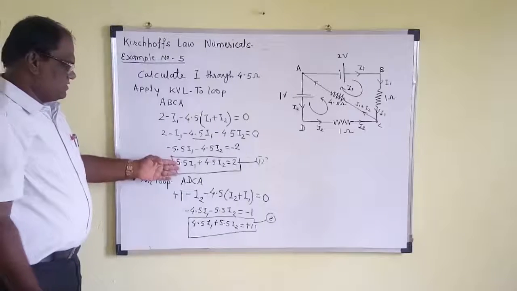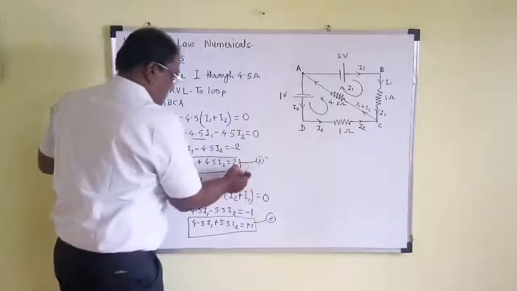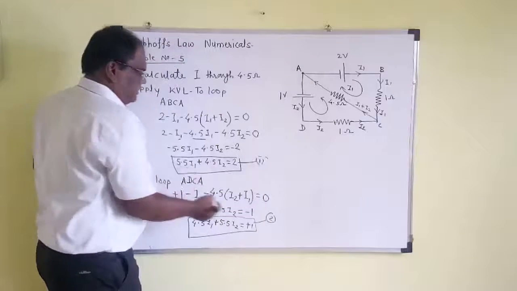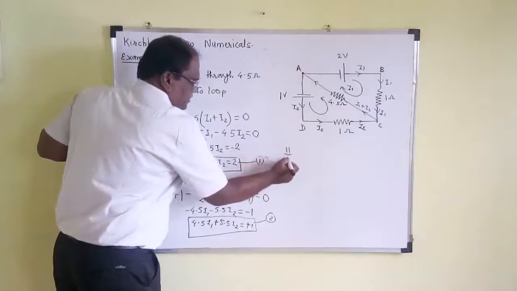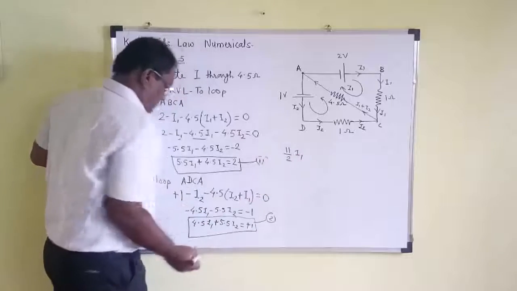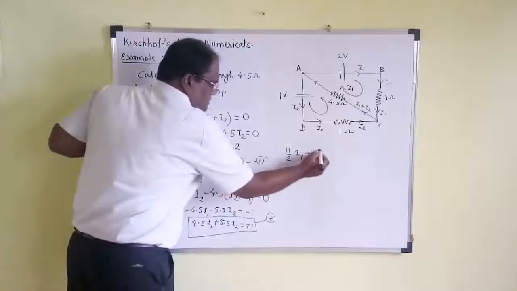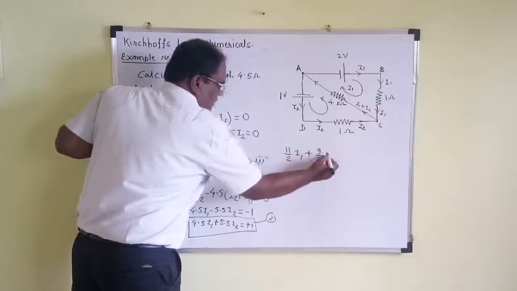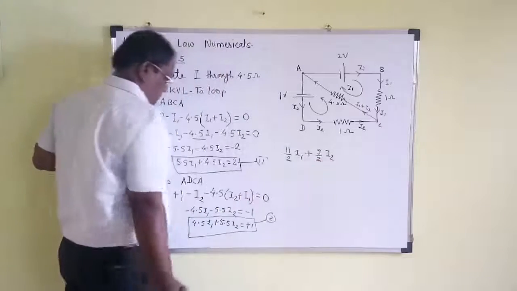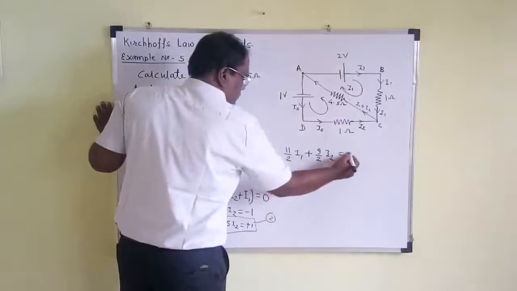You can write these equations like this. Equation 1 can be written as 5.5, means 11 by 2 I1, plus 4.5, means 9 by 2 I2, is equal to 2.